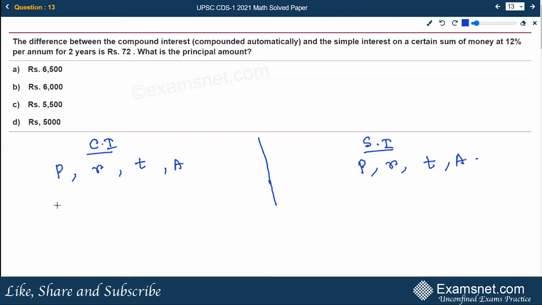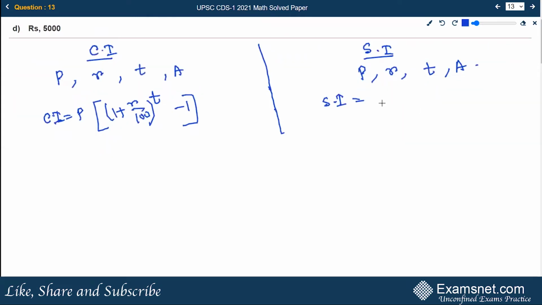Okay, so compound interest is written as P multiplied by 1 plus R by 100 whole to the power T, minus 1, and simple interest is written as P multiplied by R multiplied by T by 100.